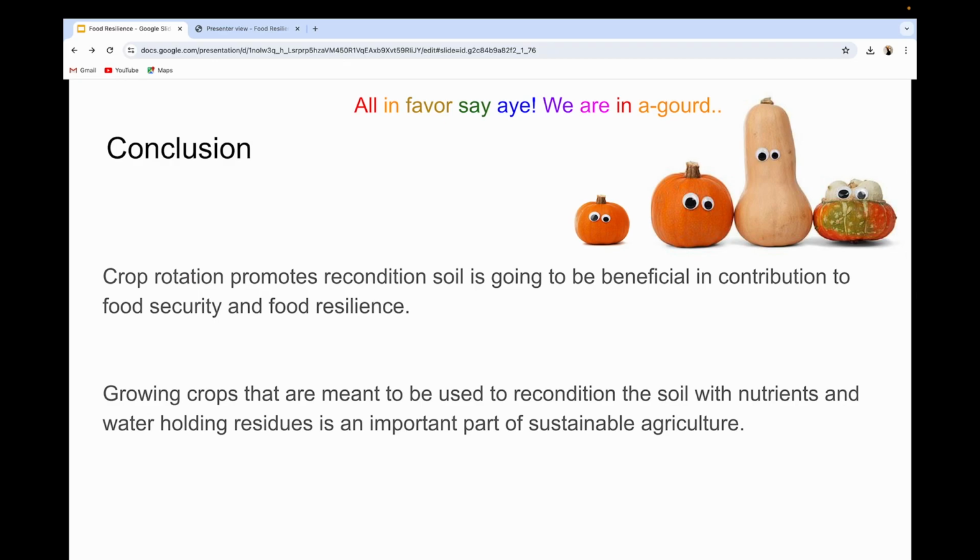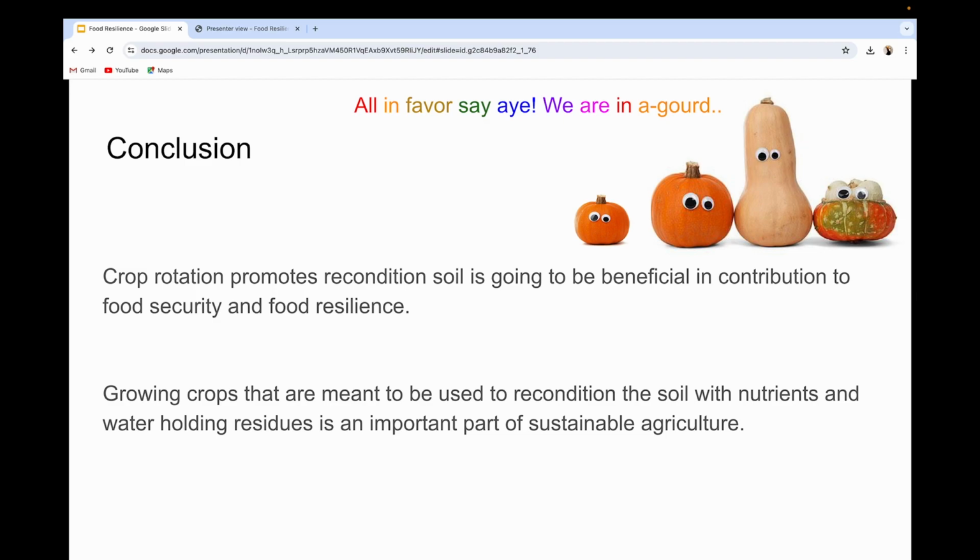So my conclusion is, crop rotation is a fundamental agricultural practice that will pave the way for future sustainability in crop production, and it does this by diversifying cropping systems and optimizing resources used.